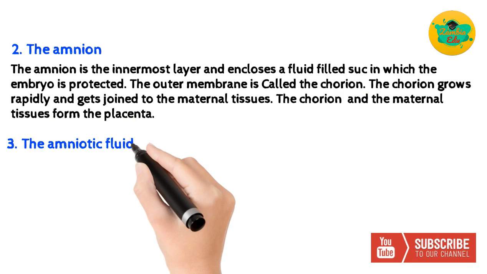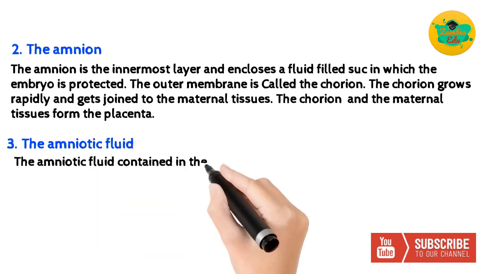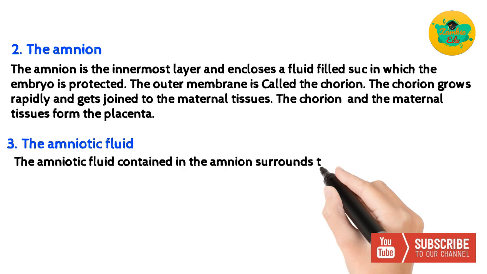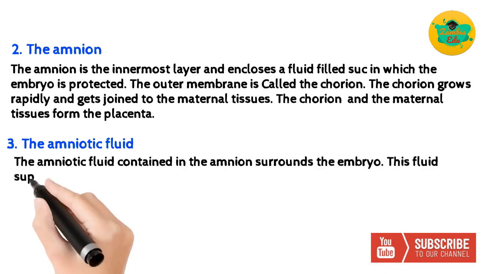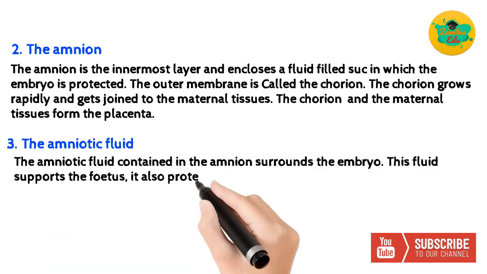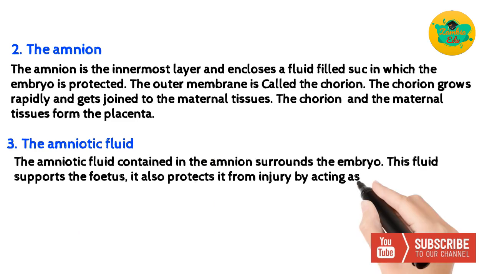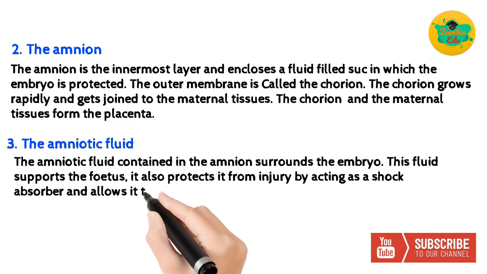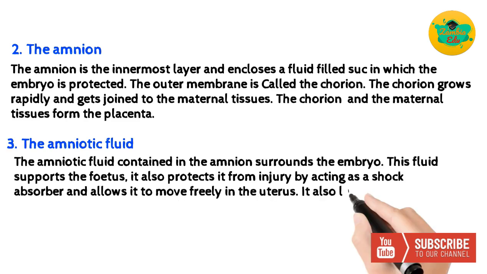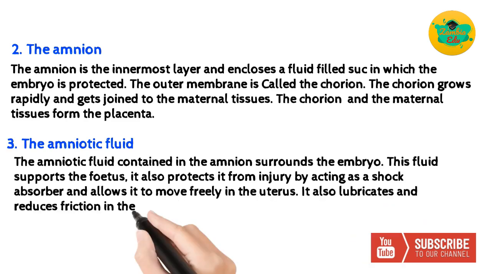The amniotic fluid. The amniotic fluid contained in the amnion surrounds the embryo. This fluid supports the fetus. It also protects it from injury by acting as a shock absorber and allows it to move freely in the uterus.